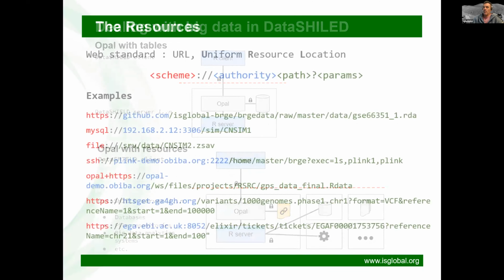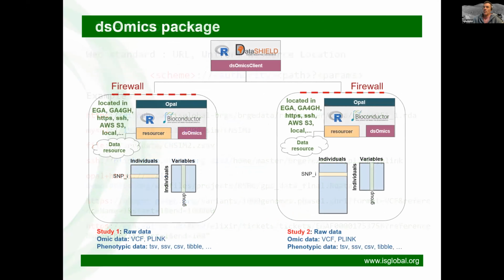This is what Yannick described, and this is how dsOmics is organized. We have, of course, a dsOmics client package that is able to run the analysis, having, for example, here 2 different cohorts. We have a table with the SNPs in rows and the individuals in columns, and another table which is having the phenotypes.